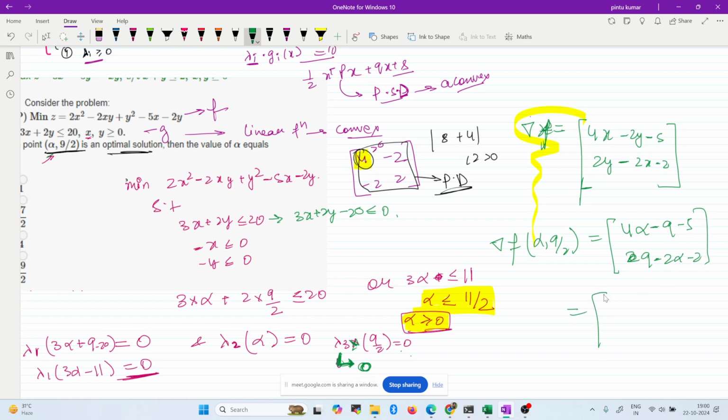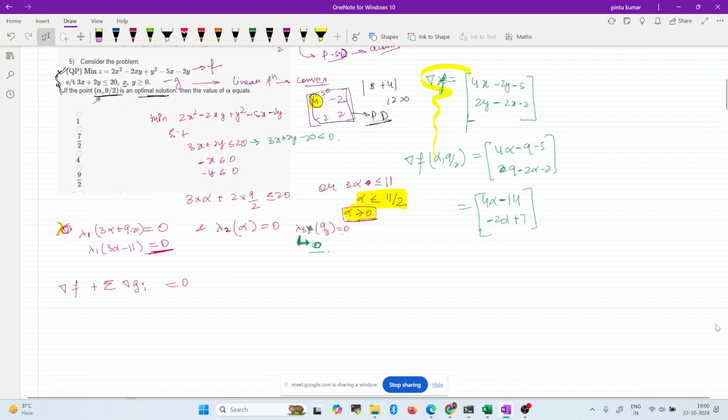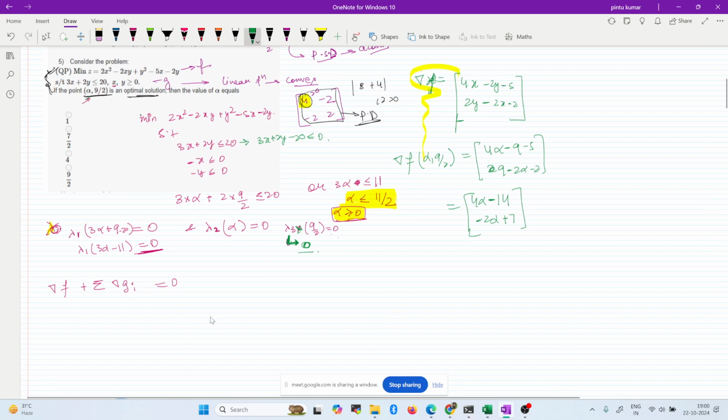So this is 4 alpha minus 14, and this is minus 2 alpha plus 7. This is your gradient. For others, we can calculate on the go because those are just linear functions.